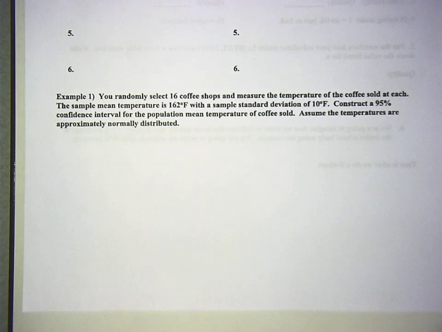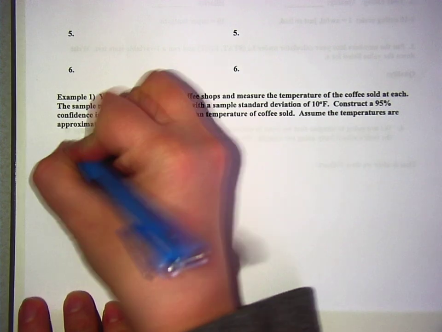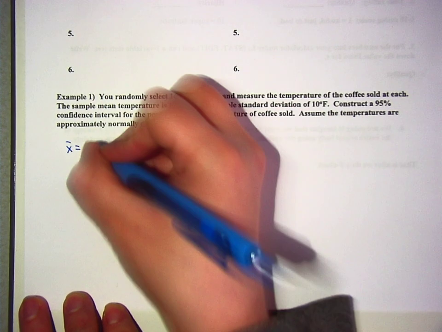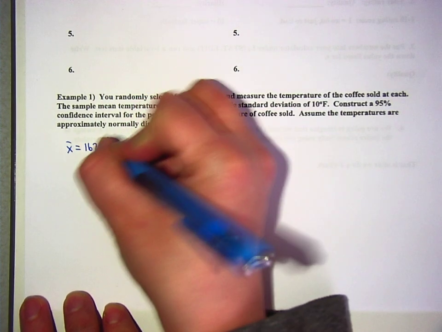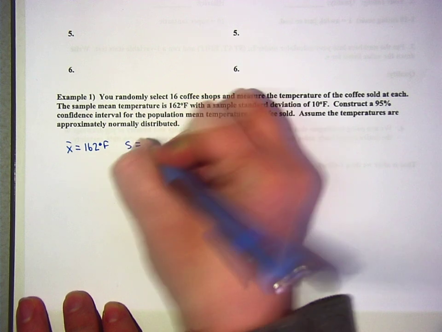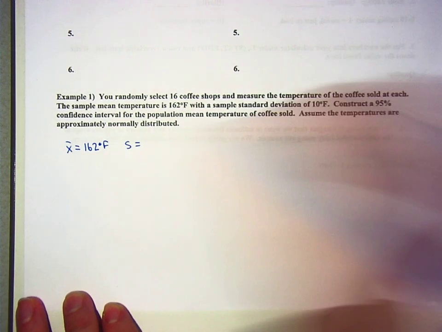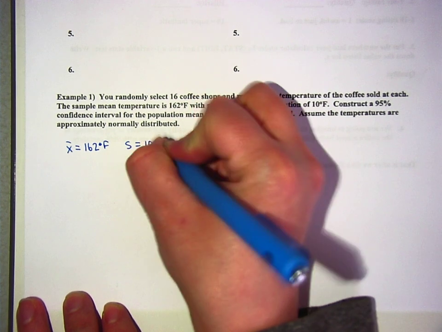You randomly select 16 coffee shops, and I'm going to start doing the problem at the same time as doing the directions. Okay, so I'm going to do the first 3 steps right now. You randomly select 16 coffee shops. You measure the temperature of the coffee sold at each. The sample mean temperature is 162 degrees Fahrenheit with a sample standard deviation of 10 degrees Fahrenheit. All right, so sample mean is 162. Sample standard deviation is 10 degrees.